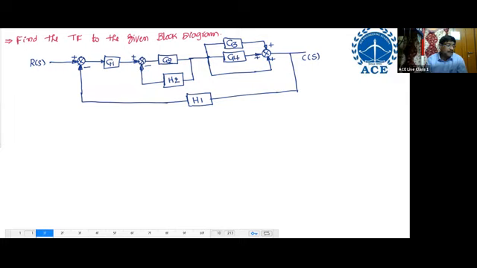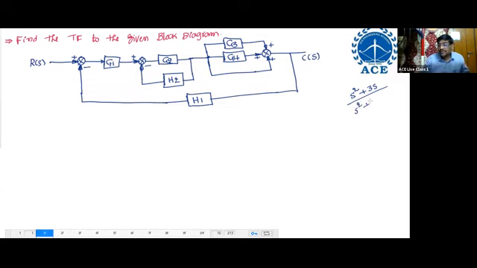The answer for the homework problem is: with respect to K, you will get S square plus 3S by S square plus 3S plus 12.